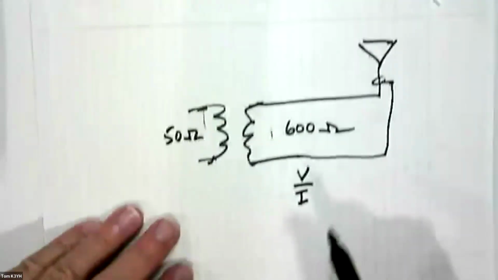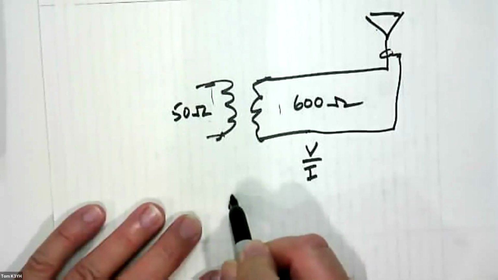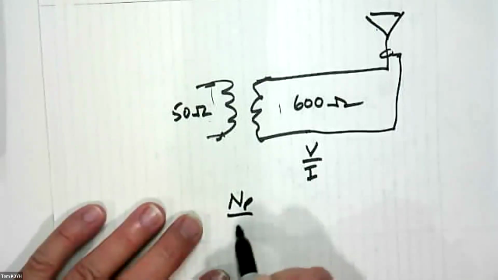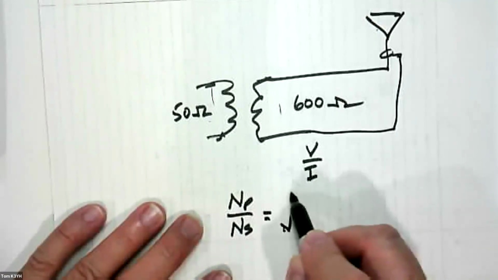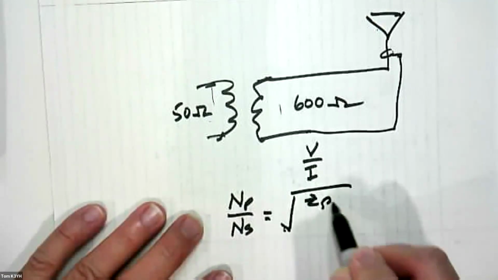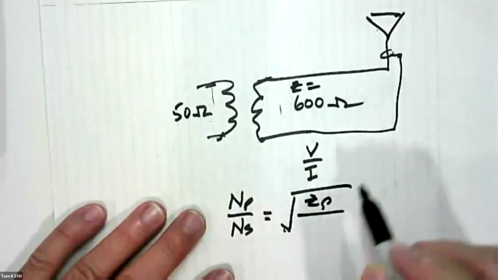this side, and I won't bother with all that, but the basic situation is that the turns ratio of the N primary to N secondary is equal to the square root of the Z primary over Z secondary. This is Z, it's impedance.